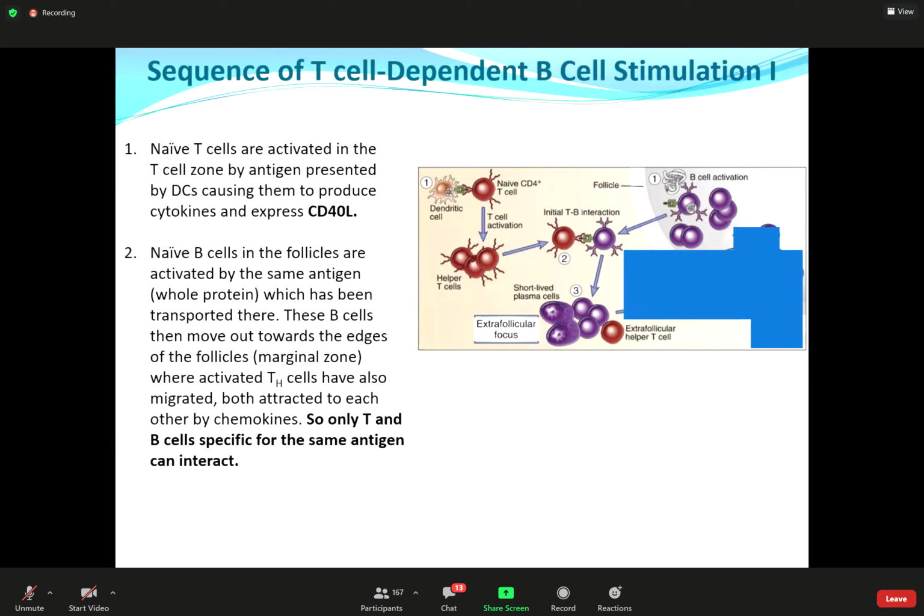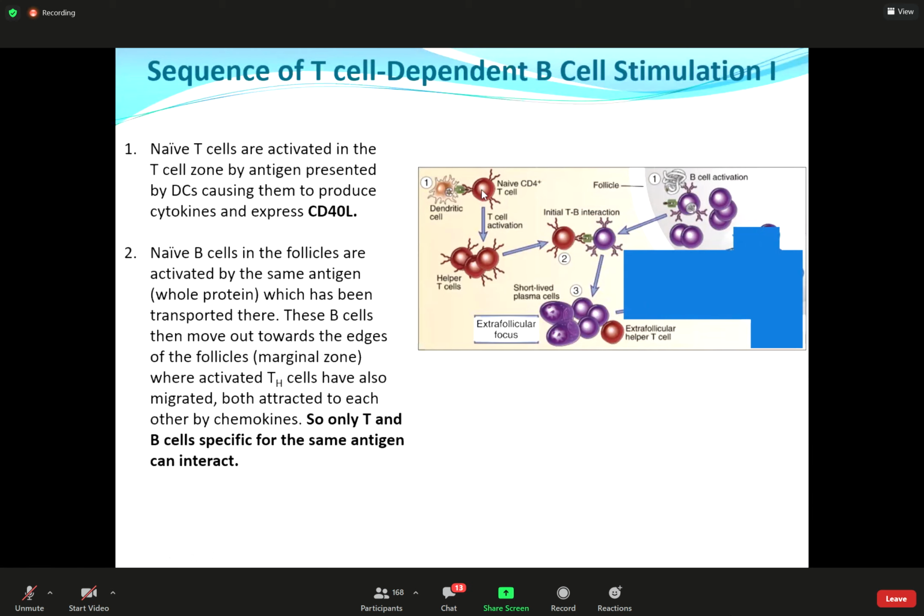But nevertheless, that initial step will induce that B cell to make antibodies against that epitope that it recognized. But in addition, that B cell will also take in that whole antigen and process it just like that dendritic cell did, and maybe present the same epitope as that dendritic cell did for the T cell.